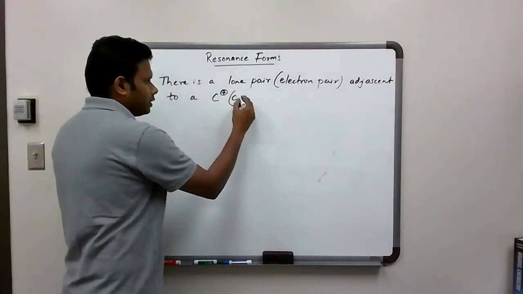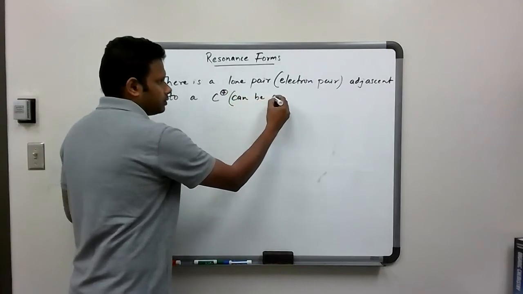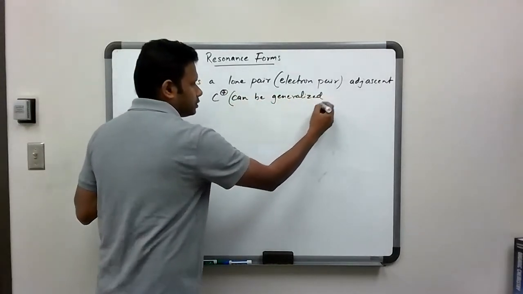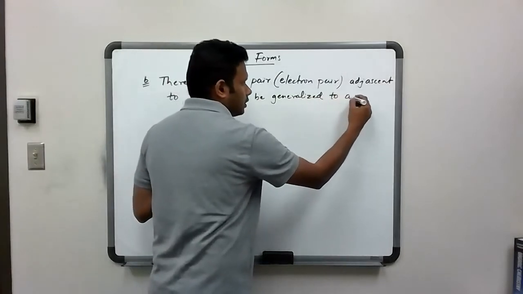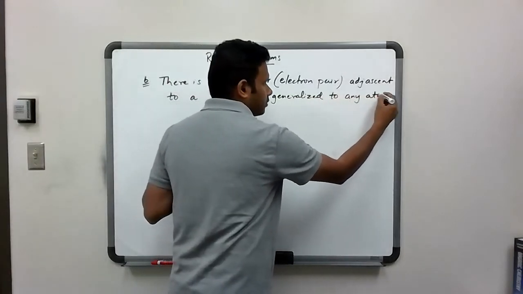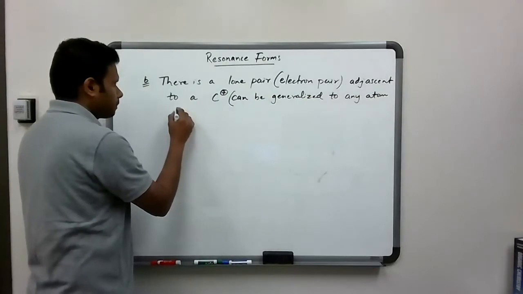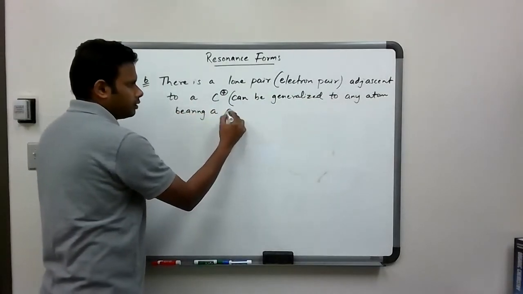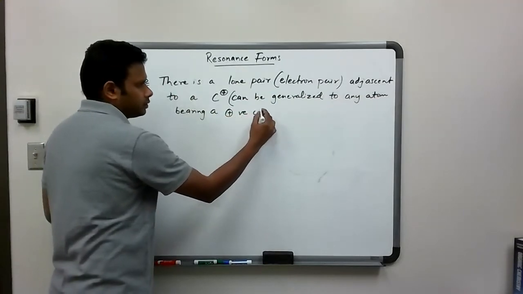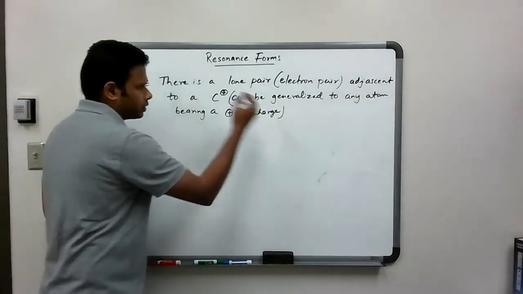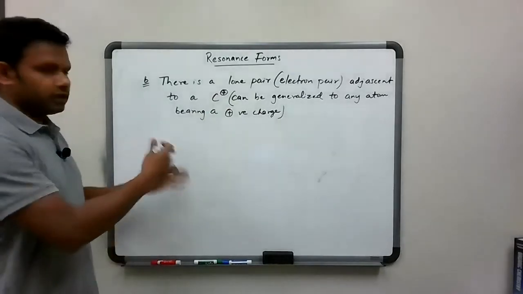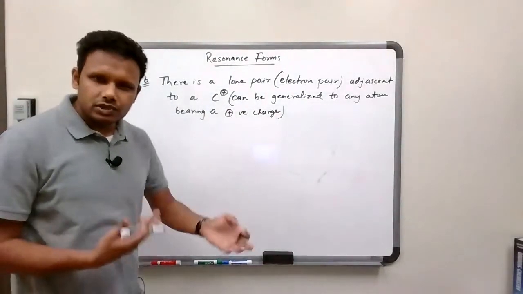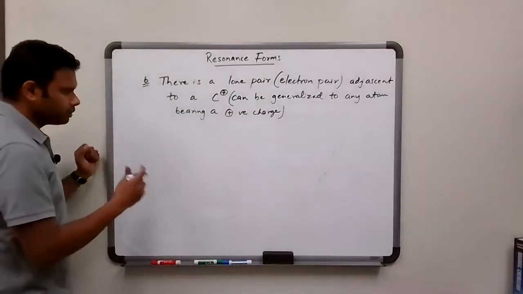Now, this can be generalized to any atom bearing a positive charge. And I'm going to draw examples again, and I think as soon as you see it, you should be able to make a connection.